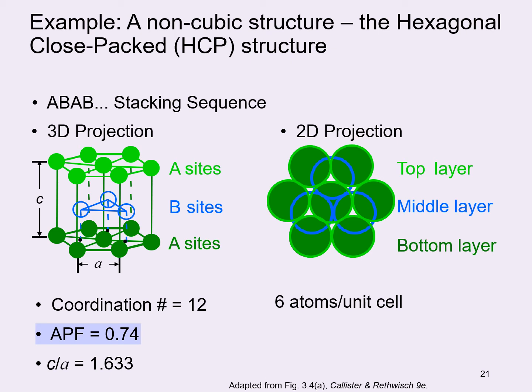The second layer, the B layer, sandwiched in between, nestles down in between each of the other 2 top and bottom layers. We have a coordination number of 12. There are 6 atoms in this unit cell. The atomic packing factor is also 0.74.